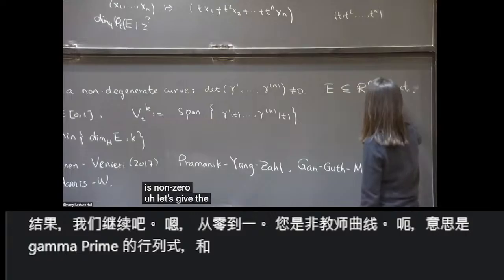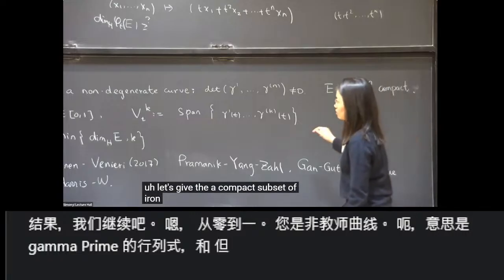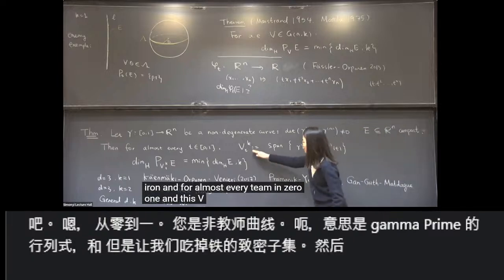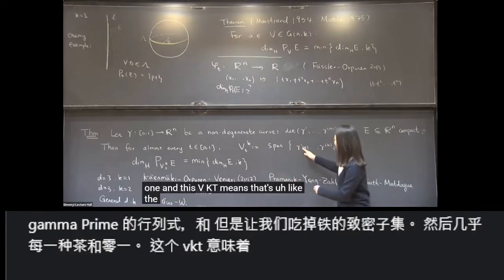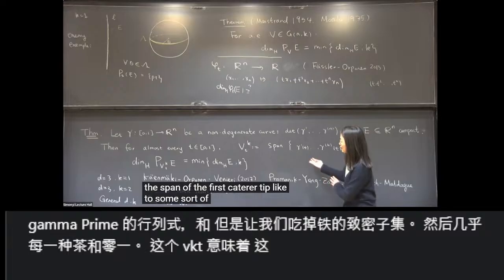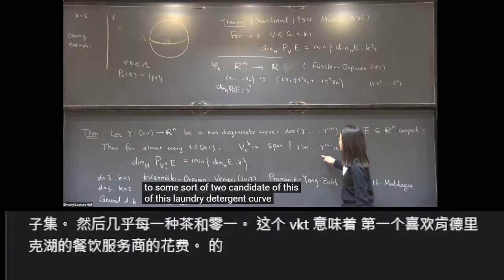Let E be a compact subset of Rn. Then for almost every t in 0, 1, V_{k,t} means the span of the first k derivatives, some sort of k-tangent plane of this non-degenerate curve at point t.